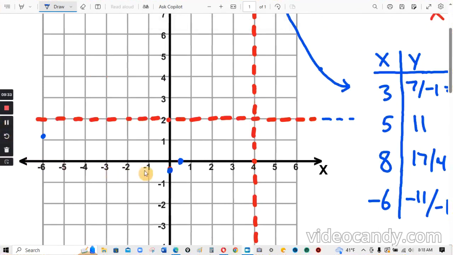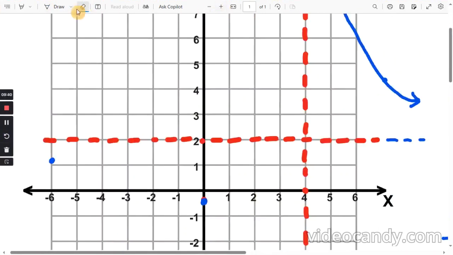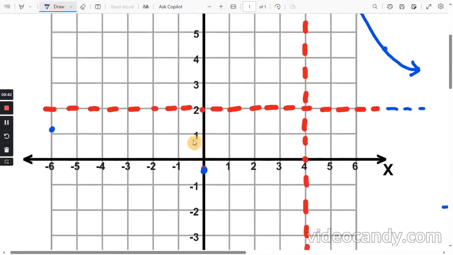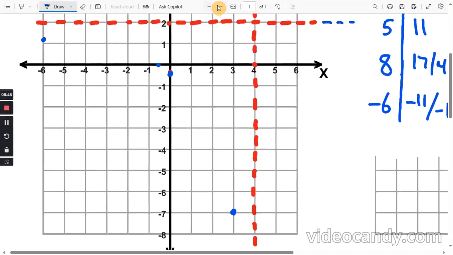All right, one mistake I made, we said the x-intercept was negative 1/2. I put it at positive 1/2. Okay, so that x-intercept needs to be at negative 1/2. And let's see, I think I have enough here. Remember, the graph approaches the asymptote, so it's basically going through there and then right down through there.